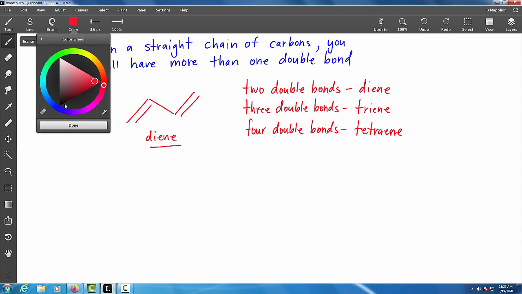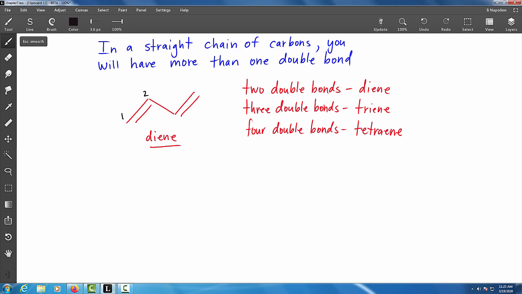So in this diene molecule here, we have to be explicit about where the double bonds are. So we have 4 carbons. So 4 carbons is a but group. So for a saturated alkane, it would be butane. For this, it would be butene. So we can call this 1 for this first double bond being on number 1, the second double bond being on number 3.